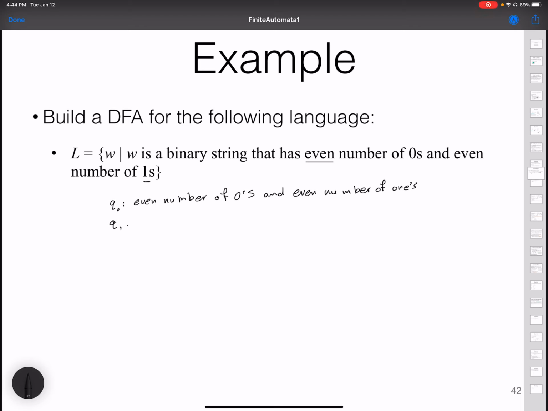Another state is going to be even number of zeros and odd number of ones. Excuse my handwriting, it's just terrible. I know. And it would be even more terrible when I'm writing on my iPad.